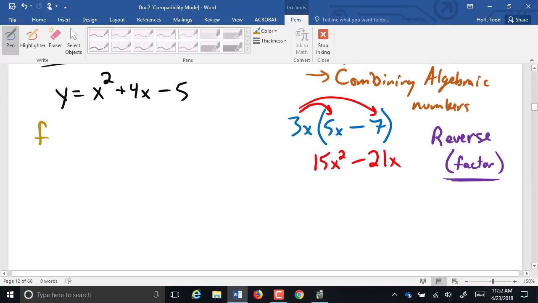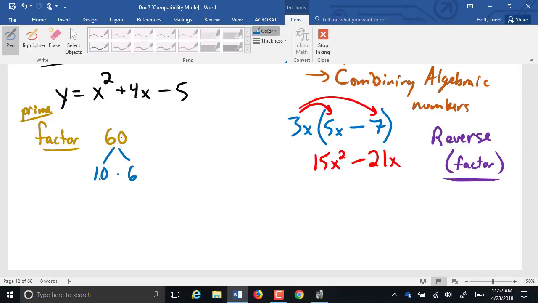If I asked you to factor, and we often use the term prime factor, let's do one that's not quite so easy. Let's say 60. Well, you might look at 60 and say, hey, it ends in 0, so I know 60 can be divided by 10. Well, 60 divided by 10 leaves us with 6. We factored it. It's not prime factored yet. We can keep going.